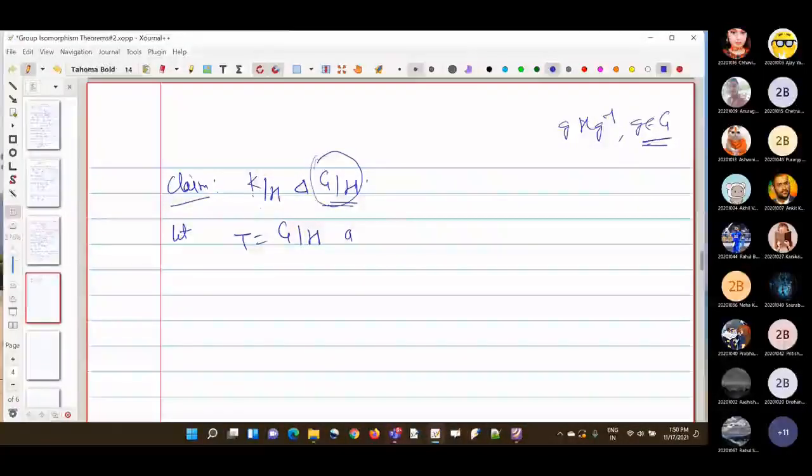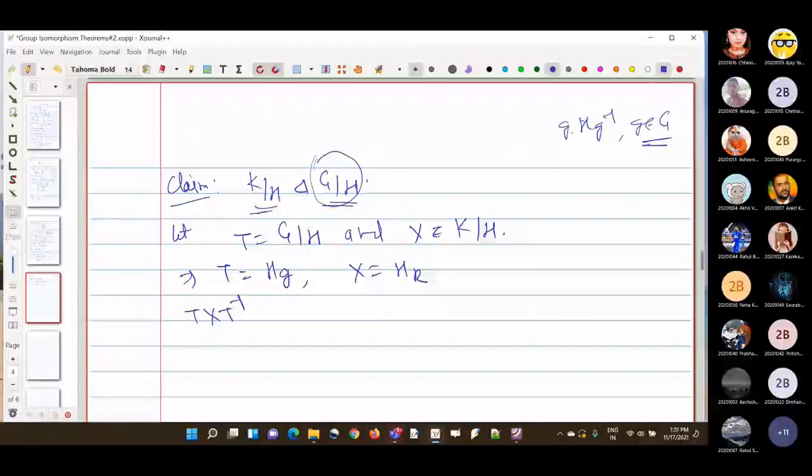Okay, then we operate with this on an element of K by H, and let capital X belong to K by H. Then this implies that T equals Hg and X equals Hk. Okay, so now consider T X T inverse like this.